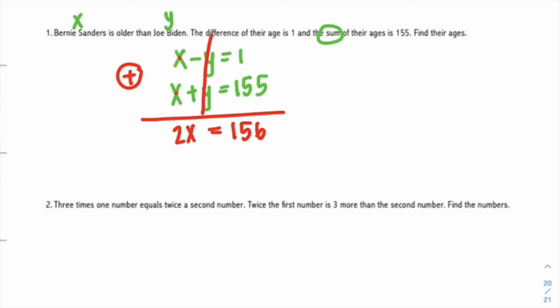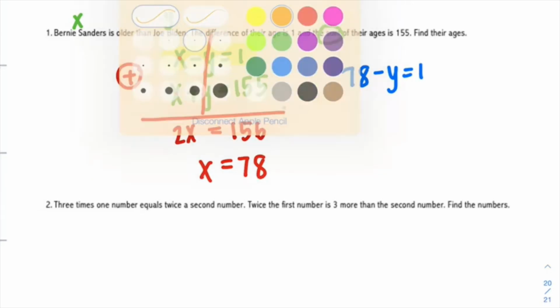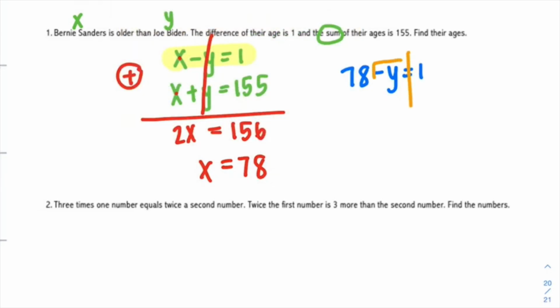You would do that math, and then you would end up getting x is equal to 78. And then again, what we know is that we would plug that back into one of our equations to figure out the second one. So 78 minus y is equal to 1, let's say. Alright, if you chose this first one, I'm going to tell you guys, be careful.